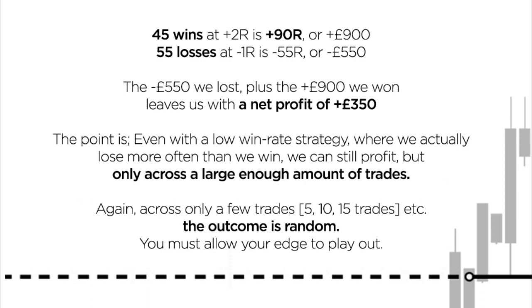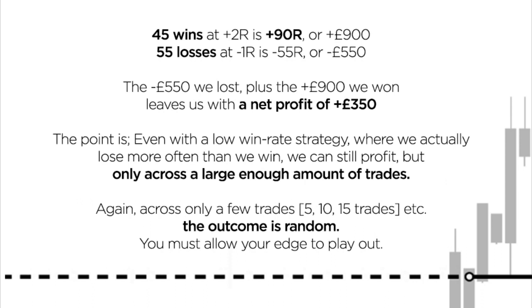Now, again, across only a few trades, 5, 10, 15 trades, the outcome is random. The market itself is random. If you're presented with a, let's say, 75% win rate strategy, you could start trading at the start of a 10 trade losing run. That can and probably will happen.